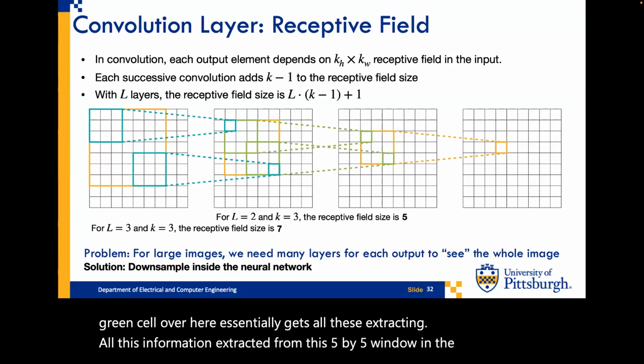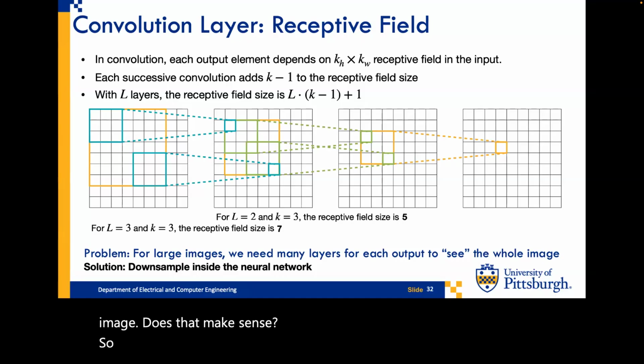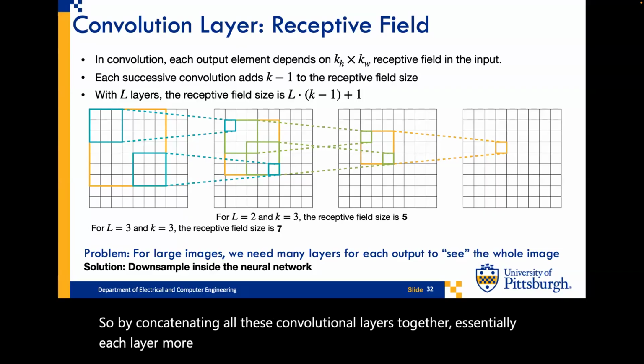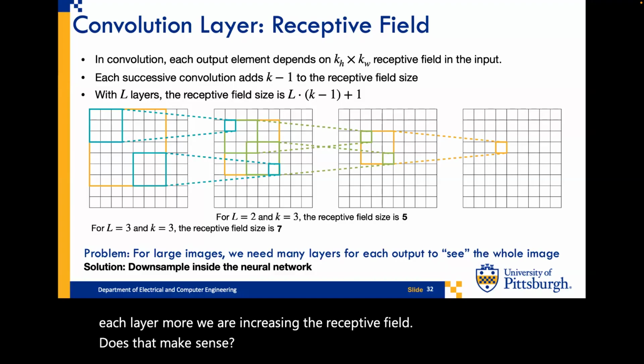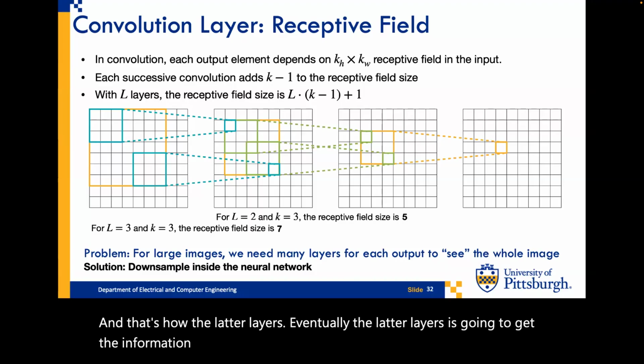Does that make sense? So by concatenating all these convolutional layers together, with each additional layer we are increasing the receptive field. And that's how the latter layers eventually get the information from the whole image.